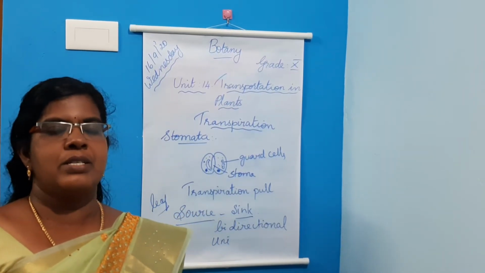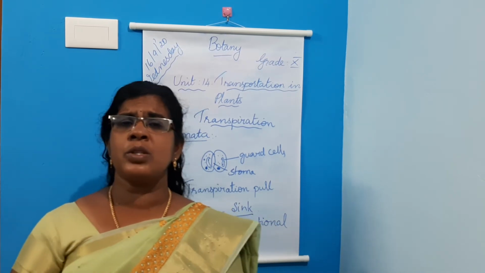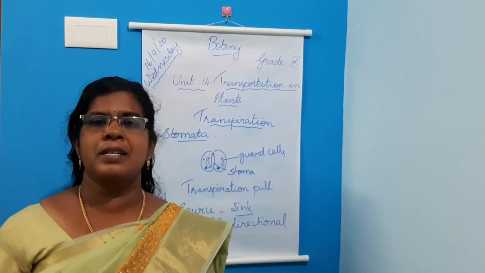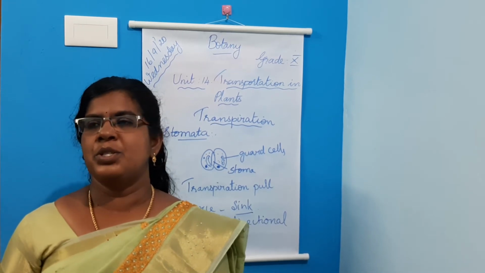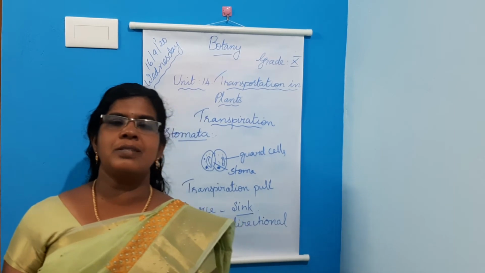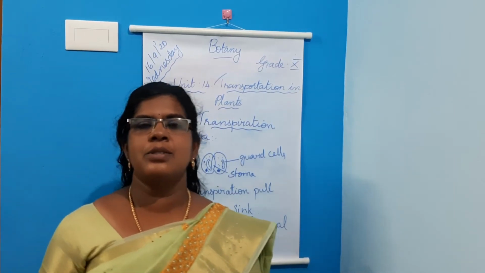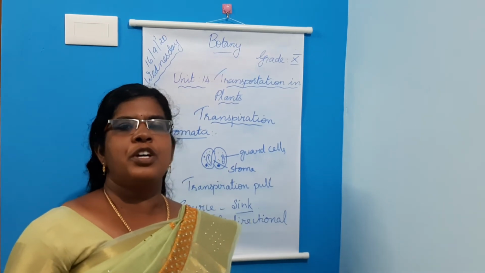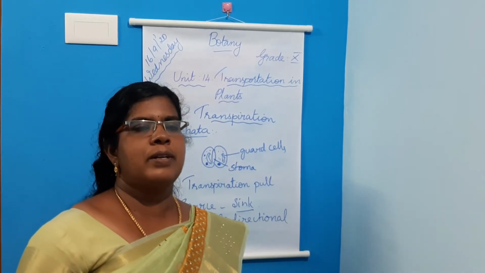Next, translocation of sugars. What do you mean by translocation? The bulk movement of substances through the vascular tissue is translocation. Phloem contains water, you already know.